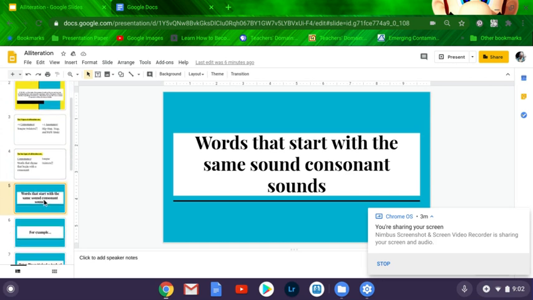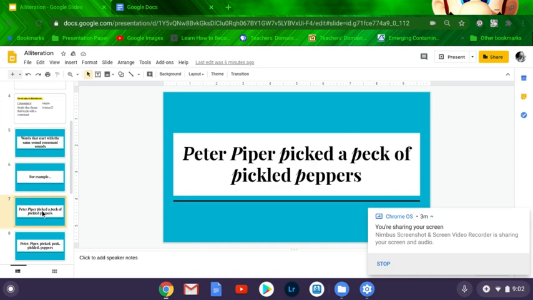So if you had words such as Peter Piper picked a peck of pickled peppers, this is one of the most well-known forms of consonants. And the reason why is because the consonant P has the same P sound. Peter, Piper, picked, peck, pickled, peppers.